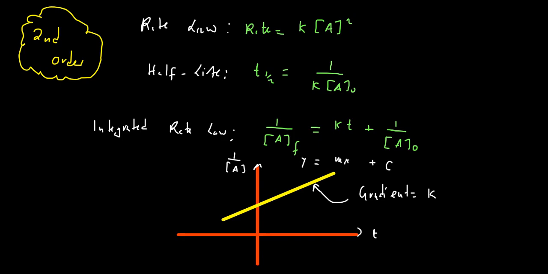So that is that. Okay, let me give us some questions we can see. Let's say they give you units and then they ask you to determine the unit of the third order reaction.